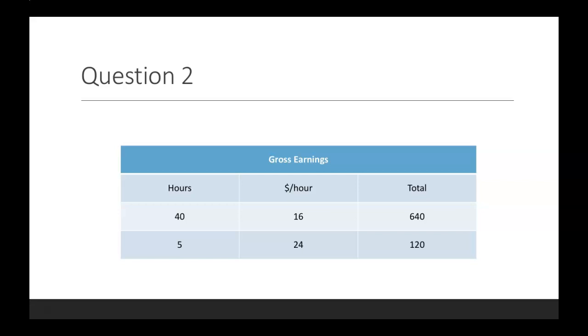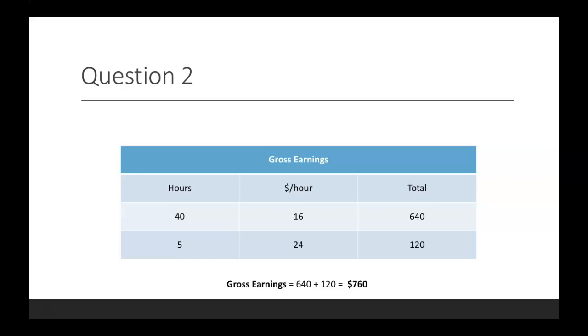So how do we figure out the gross earnings? Well, the gross earnings, again, is just the total amount that she earned. So we add up that $640 and $120 to find out that our gross earnings are $760.